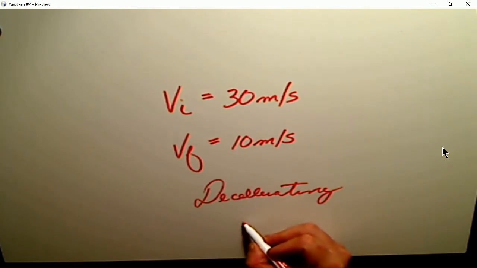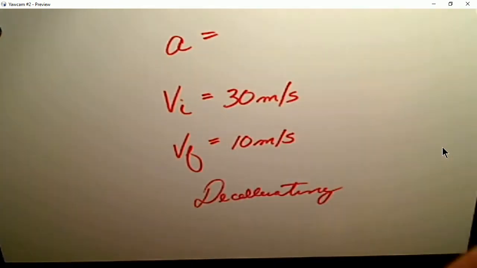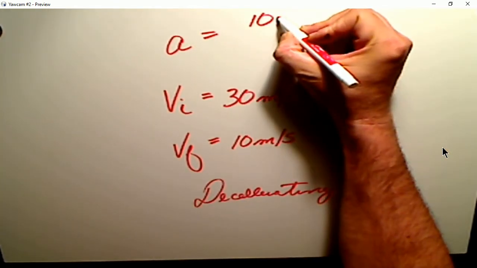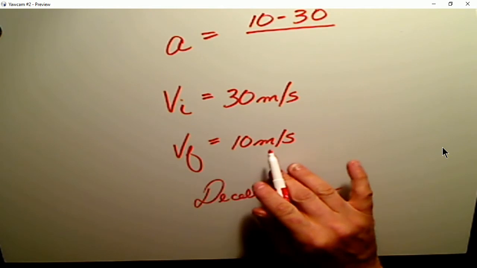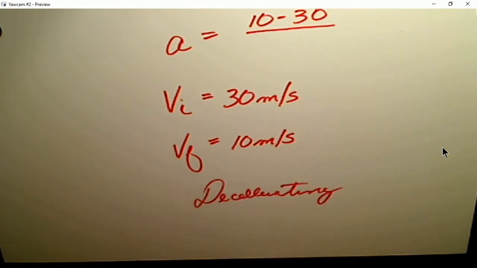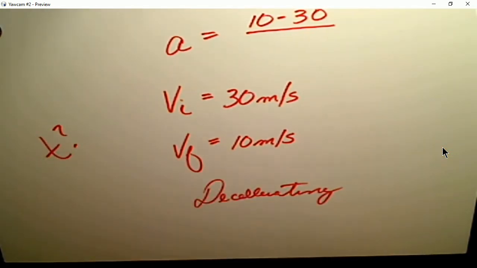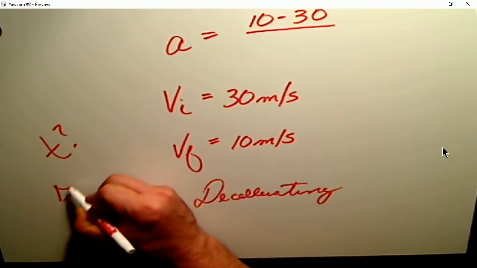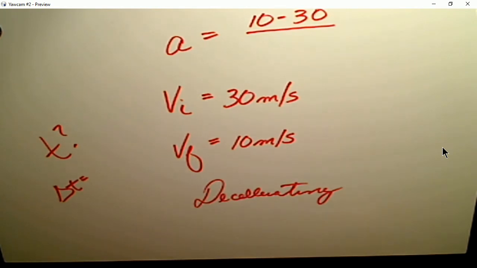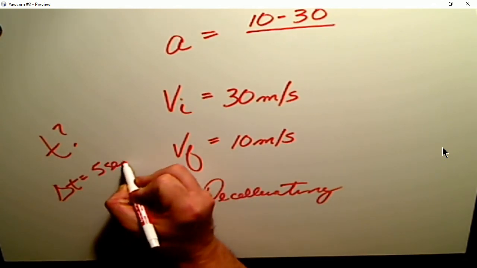My acceleration would be 10 minus 30, right? Final minus initial. And then we have to say, well, what period of time did we do this over? Let's say my passage of time between these two, the change in time, my t final minus t initial, is 5 seconds between these two.